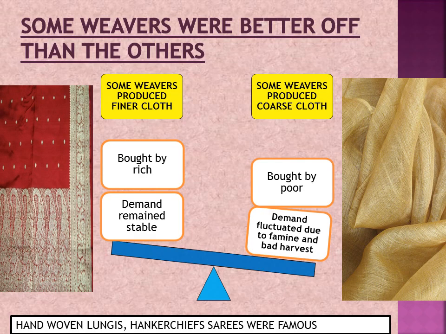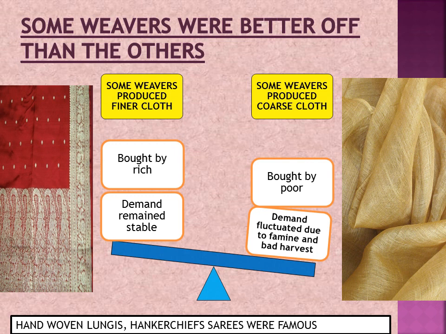Dear children, not all weavers were poor in India. Some were better off than the others. There were some weavers who produced fine cloth which was bought by the rich, and some weavers produced coarse cloth which was bought by the poor. The demand for the cloth that was bought by the rich remained stable. That means the demand for Banarasi saris or Baluchari saris, which were expensive, never declined.